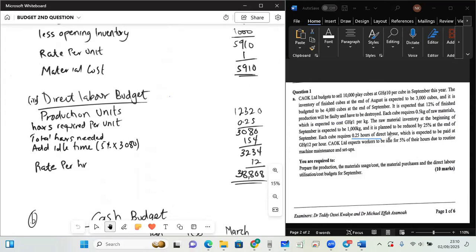Each cube requires 0.25 hours of direct labor. So that's what we are having here. So we multiply, and then we get the total hours that we will need, which is 3,080.